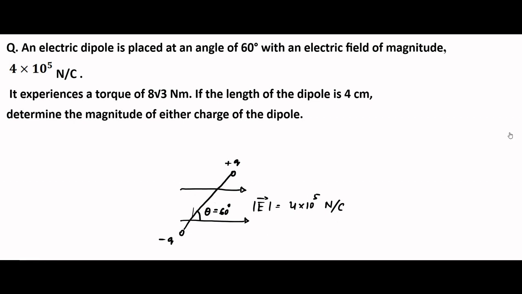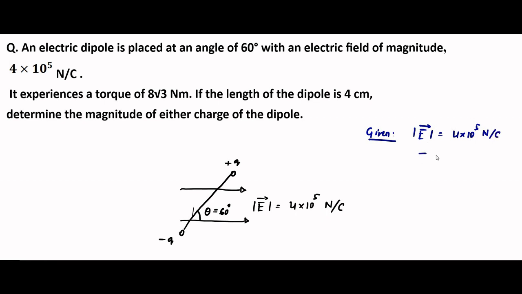So here we know the given parameters. What are the things which are given? First, the magnitude of electric field 4 into 10 to the power 5 Newton per coulomb.